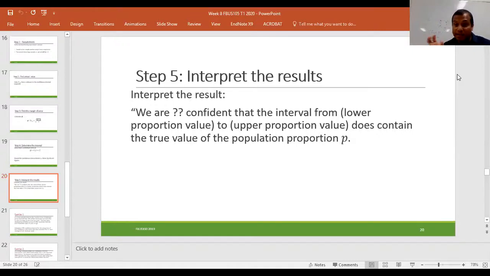Using sample statistics, we are making a generalization for the population proportion. That is very, very important, because you don't have the data on the population proportion. But using a small sample, you have some sort of interpretation regarding how the population proportion could look.